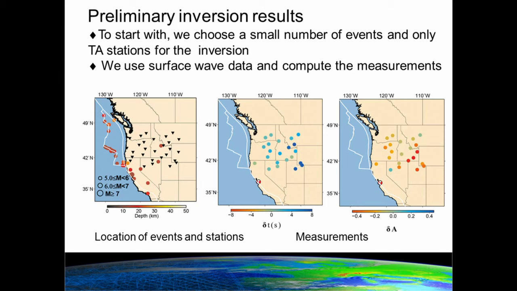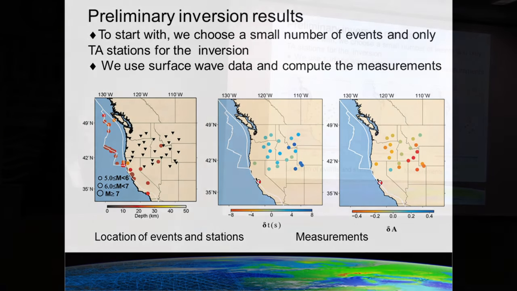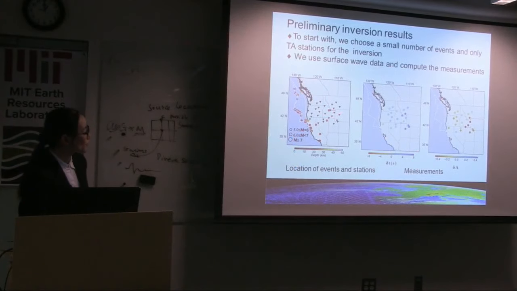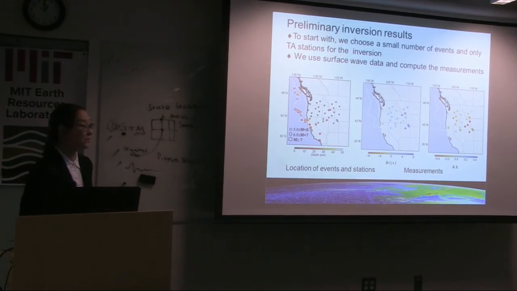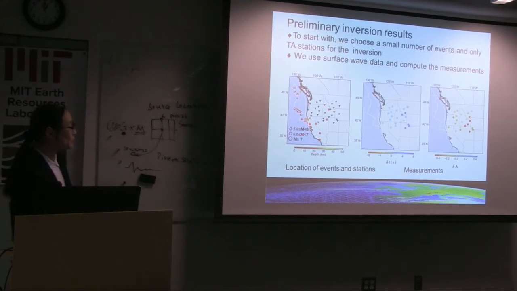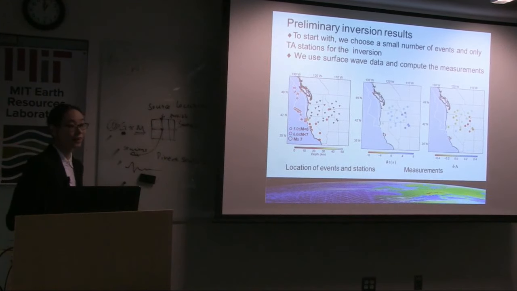Yes, this will be my whole computational region. But it seems that you have only the stations on land, right, in the reference model? Now I mainly use the TA stations, and they are mainly on land. I don't use the OBS data yet.